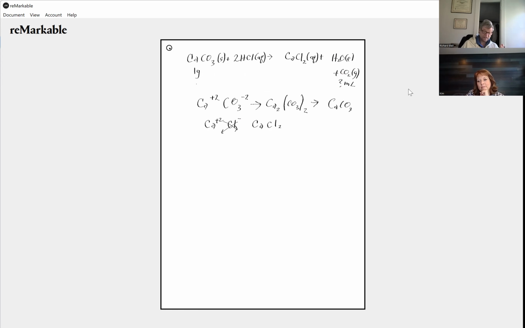Well, we have a mass here. Do you remember how to convert mass to moles? With the molecular formula, with molecular mass. So we're going to need molecular mass of calcium carbonate. So the first step, convert whatever you're given to moles.